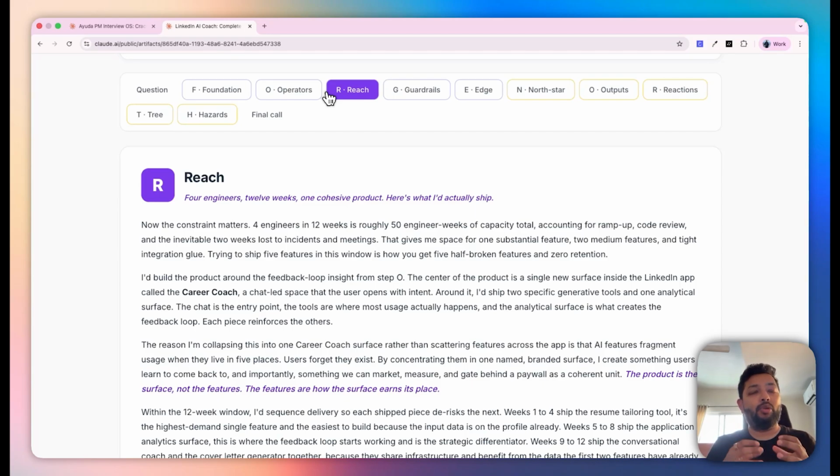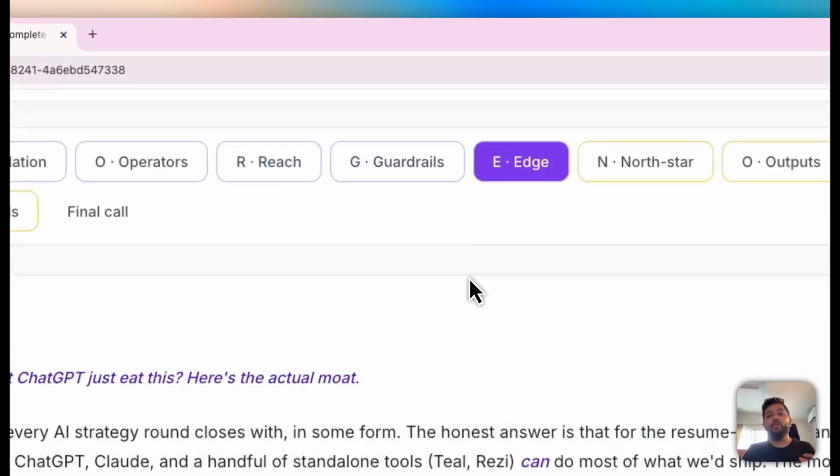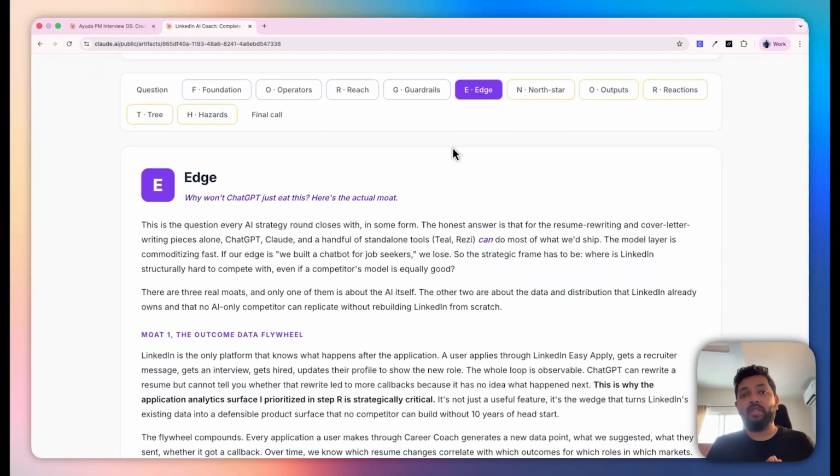Guardrails are basically all the negative things that can happen with AI. Edge is when you look at what is the moat or what is the differentiation. And then, of course, metrics is where you talk about your North Star, your outputs, your reactions, your tree, and then your hazards, right?